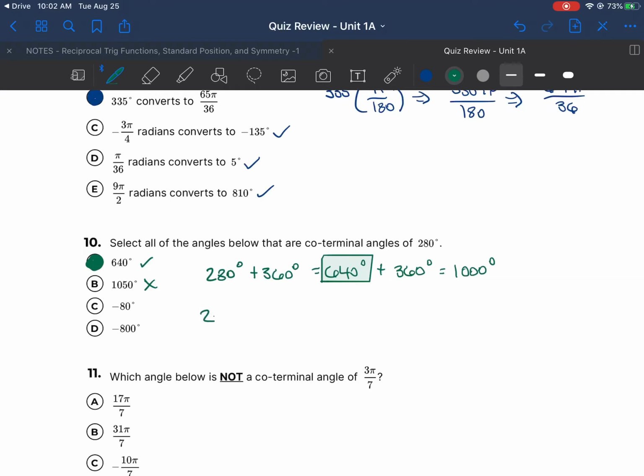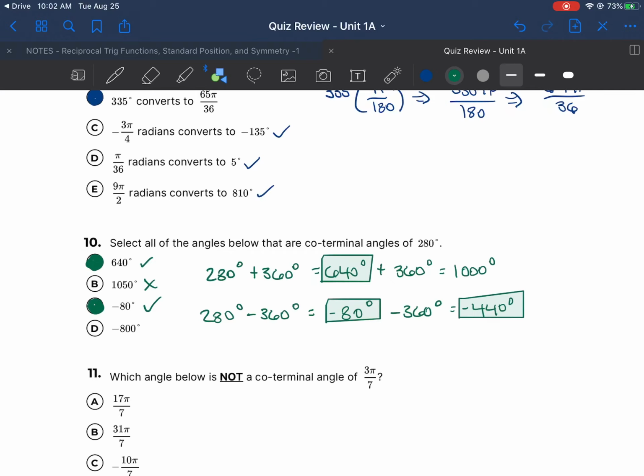So now let's take 280 degrees, and let's subtract multiples of 360. If I take 280 degrees minus 360, that's going to give me negative 80 degrees. So negative 80 degrees is a coterminal angle. Well, that's answer choice C. Let's subtract 360 degrees again. So minus 360, that would give us negative 440 degrees. So that's a coterminal angle.